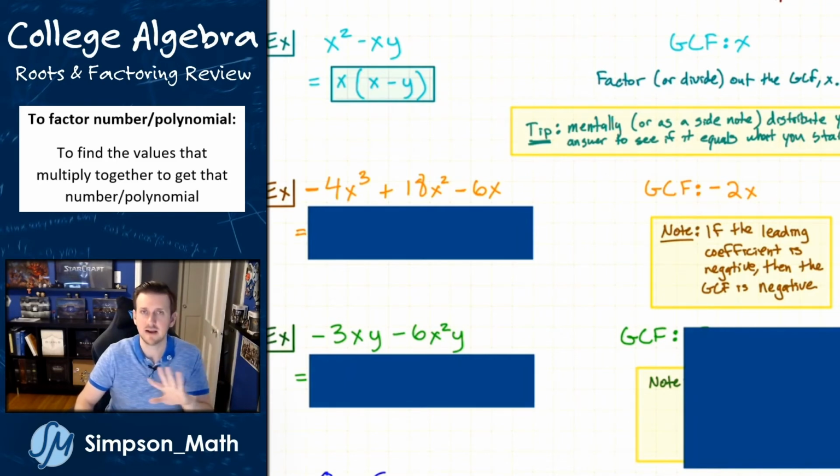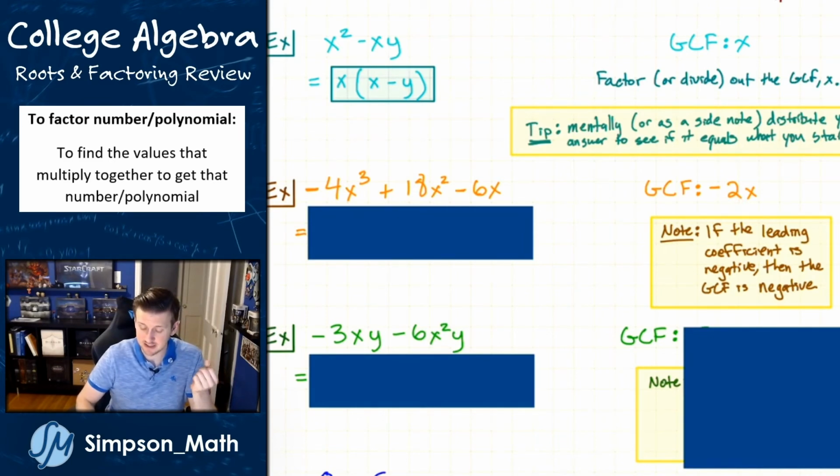So negative. Now I'm going to forget about the negative and look at the values of the number. 4, 18, and 6. Well, can 4 go into all of them? Nope, 4 doesn't make it into 18 or 6. But I do notice that they are all even. So since they're all even, I can pull that 2 out. They don't have any other factors in common.